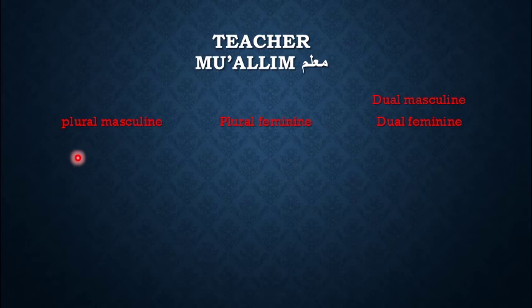I'll give you just a second to think about it. The plural masculine form would be teachers for the word teacher. For the word muallim, the plural masculine would be muallimun, right?